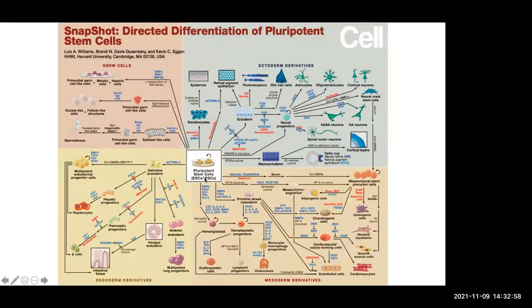So let's say this is the central role here, the pluripotent stem cell, iPS, or embryonic stem cells, and actually it could be adult stem cells. Anything starts from here, and there are a lot of things going on, but I will pick one cell type that they want to direct them to.